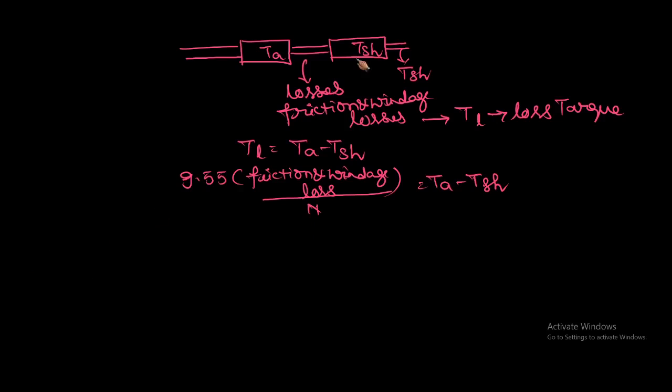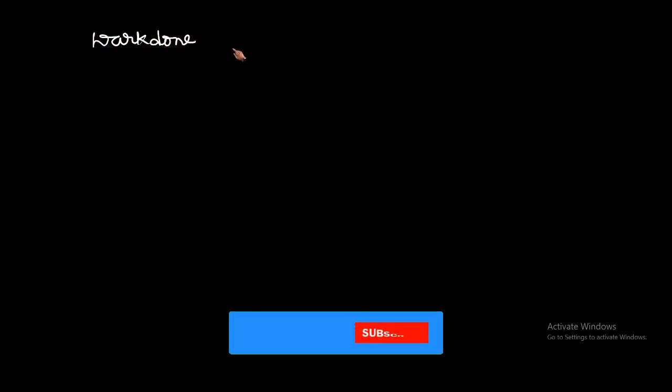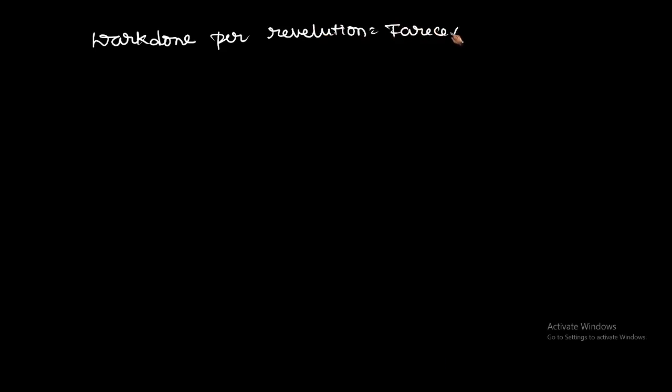Shaft torque means how much output we are taking here. Let us see what the shaft torque is. For calculation of the shaft torque, the work done for one revolution we can calculate as force into distance moved in one revolution.